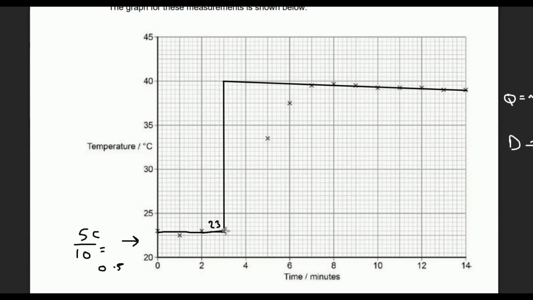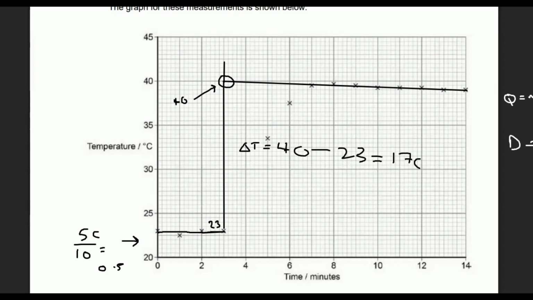Here are my extrapolation lines, and they intersect about there, at 40 degrees. So I would say the delta T, the temperature change, is 40 minus 23 equals 17 degrees. That's what I'm going with.